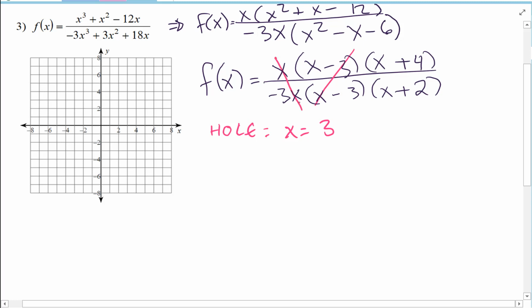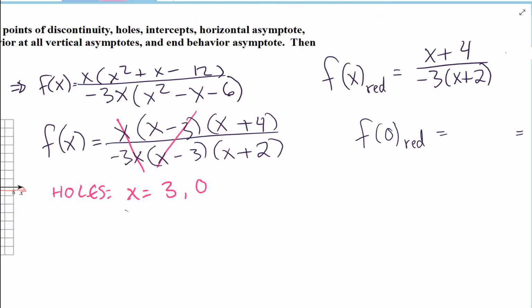This reduces, so we also have a hole at 0, so we have 2 holes, which leaves a much simpler looking reduced form. Your vertical asymptotes are anything that make the denominator equal to 0, so that would be -2.